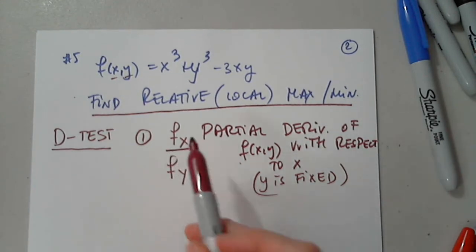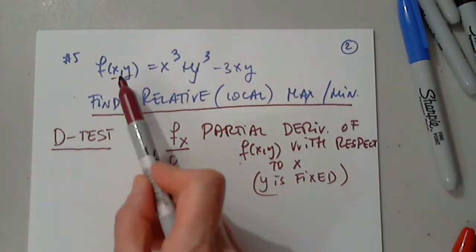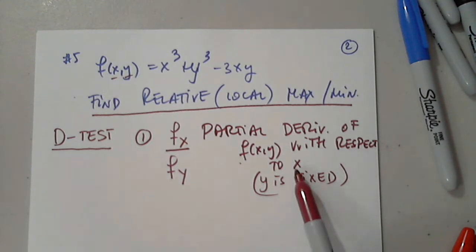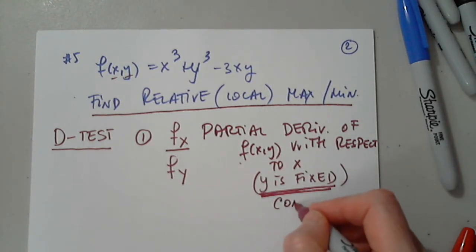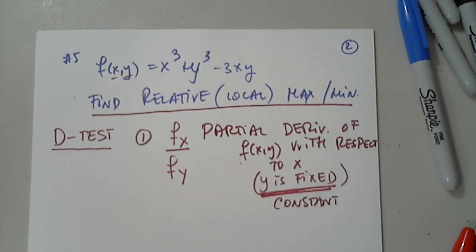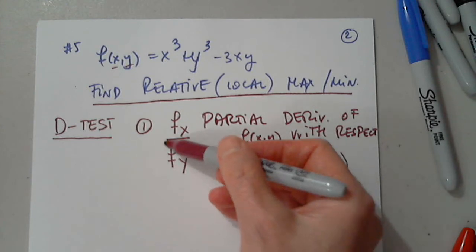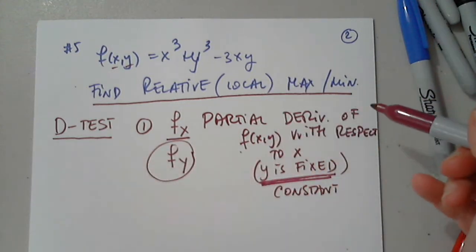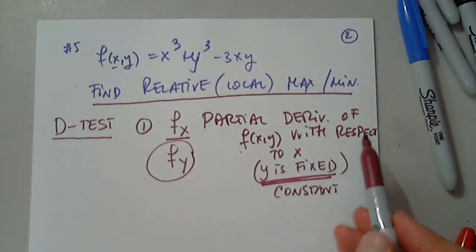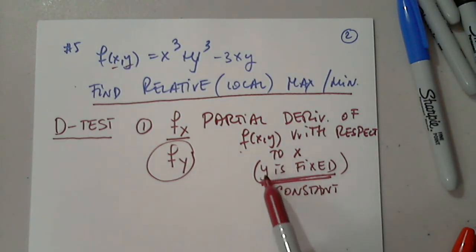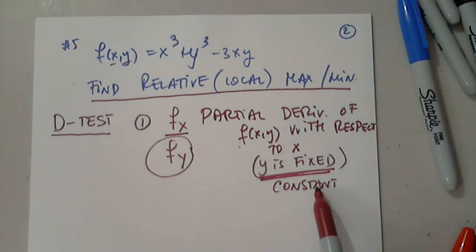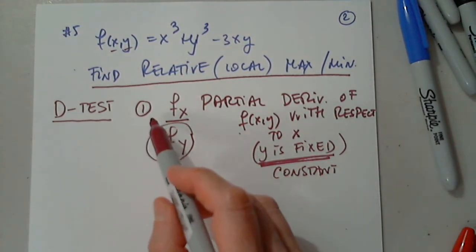So this is the partial derivative of this function with respect to x, considering that y is fixed, or if you want to say constant, one or the other. The same thing with fy. It's the partial derivative of this function with respect to y this time, when x is fixed or x is constant. Okay, so that's our first prep.